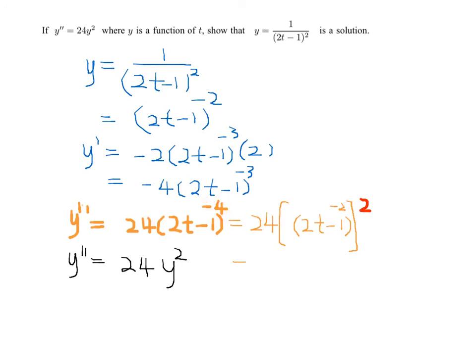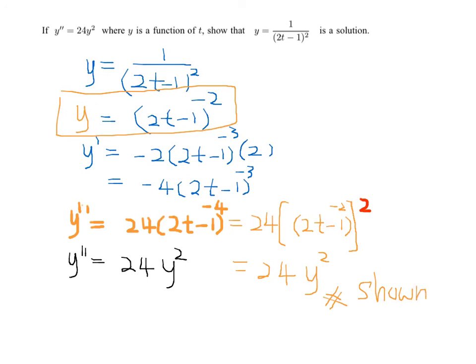So finally we'll have 24, but then this is y. Recall that this really is y, right here. So that means this is y squared, and again this is shown. This is successfully shown: this function is really a solution of this differential equation.